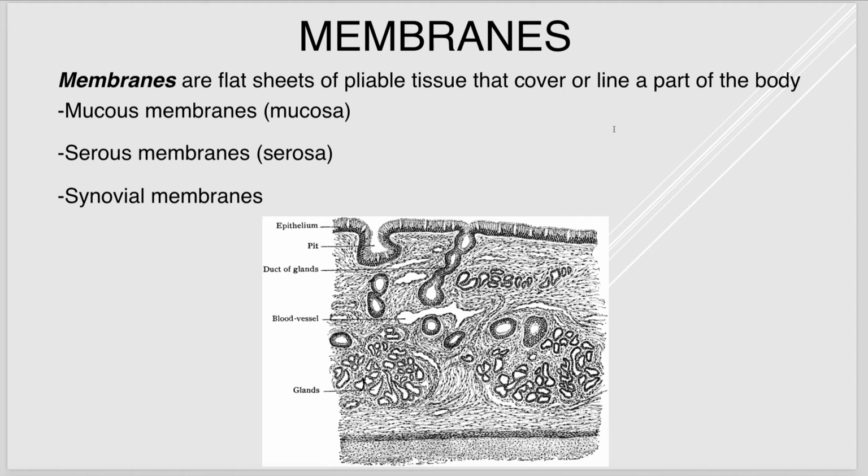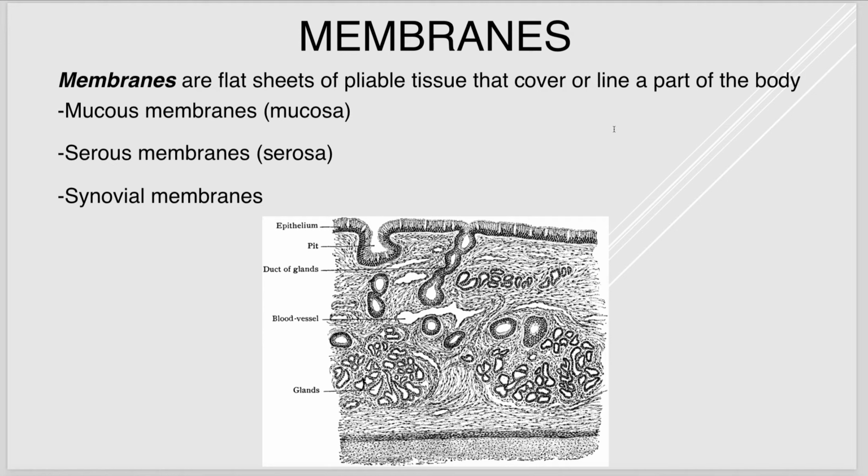Membranes, these are just flat sheets of pliable tissue that cover or line parts of the body, and they're pretty much made up of epithelial tissue plus some connective tissue. We have mucous membranes or mucosa. These are going to line areas of the body that contact the external environment, like the urinary tract, the respiratory tract, the GI tract.